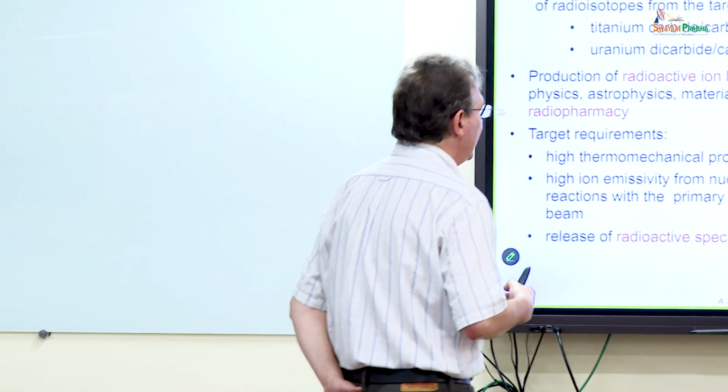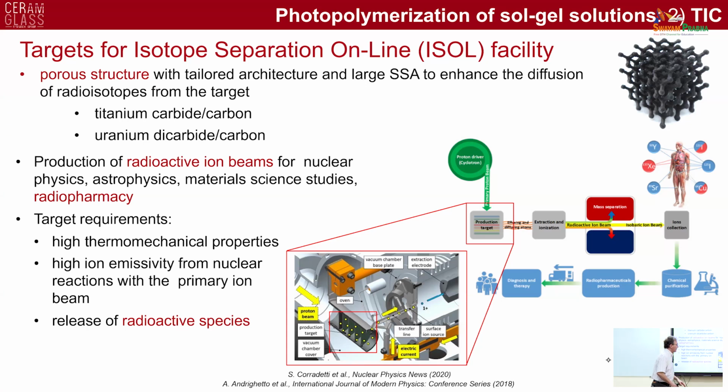And the process works in this way. You have a cyclotron that provides protons, and then you have a target that gets hit by the protons, and inside the target you develop isotopes depending on the composition of the target. And then you need to extract these isotopes that often have a very short lifetime.